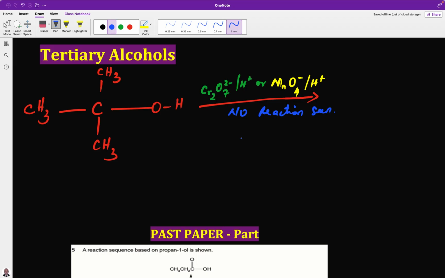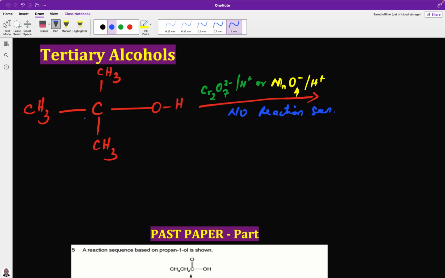Why do I say there is no reaction? Tertiary alcohol will not be oxidized because there is no hydrogen here. No hydrogen is attached to the central carbon atom having the functional group. There are only alkyl groups. All the hydrogens here have been substituted by alkyl groups.